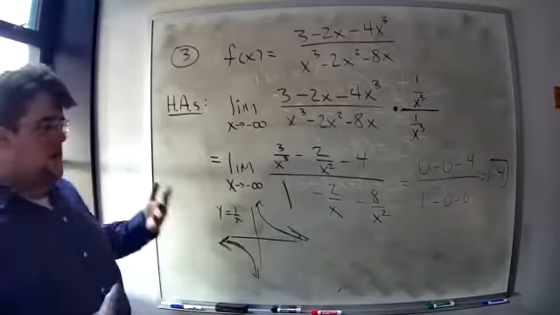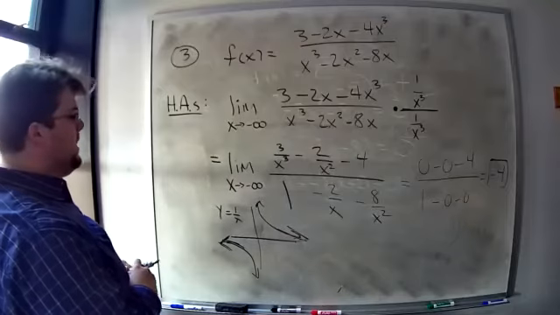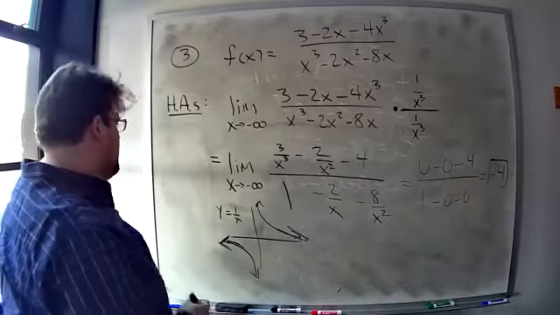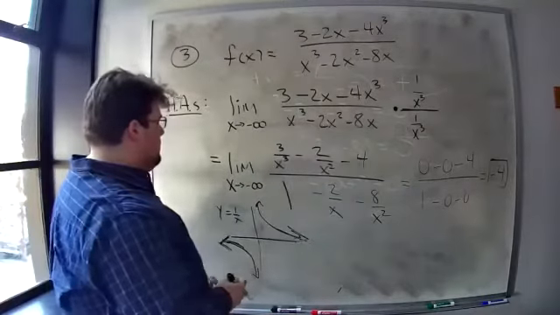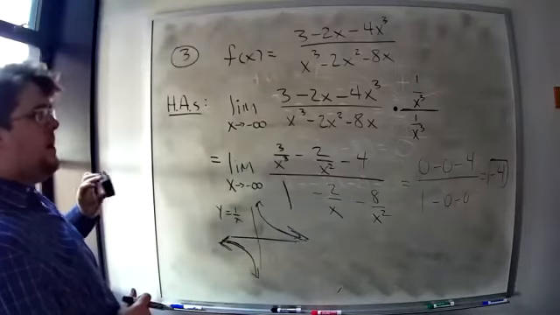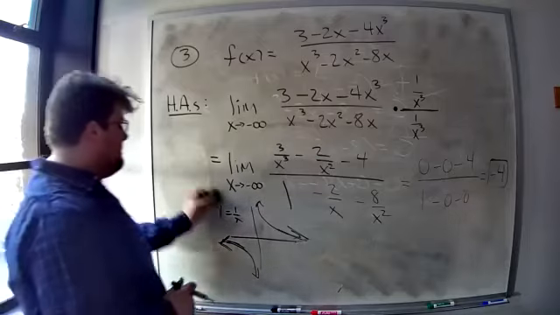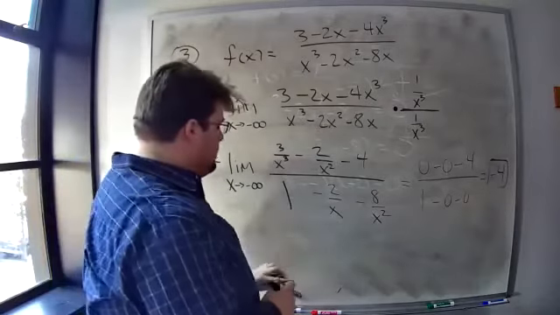Now, why did I cover it in a different way in lecture? Well, I'll get there in a moment. Any questions about anything we've done for number 3 so far?